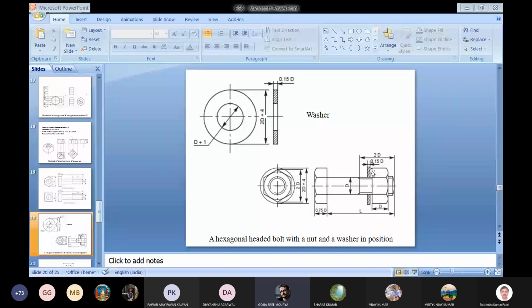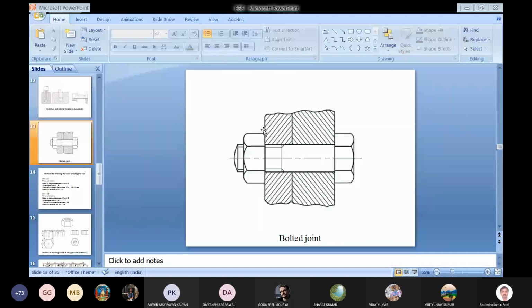Sir, where are the plates here? Can you show? Here in this case, you can see these are two plates. If we put a washer here, then in most of the cases where nuts and bolts are used in machines, the surfaces are rough, not used for a special requirement, and they may not be smooth.